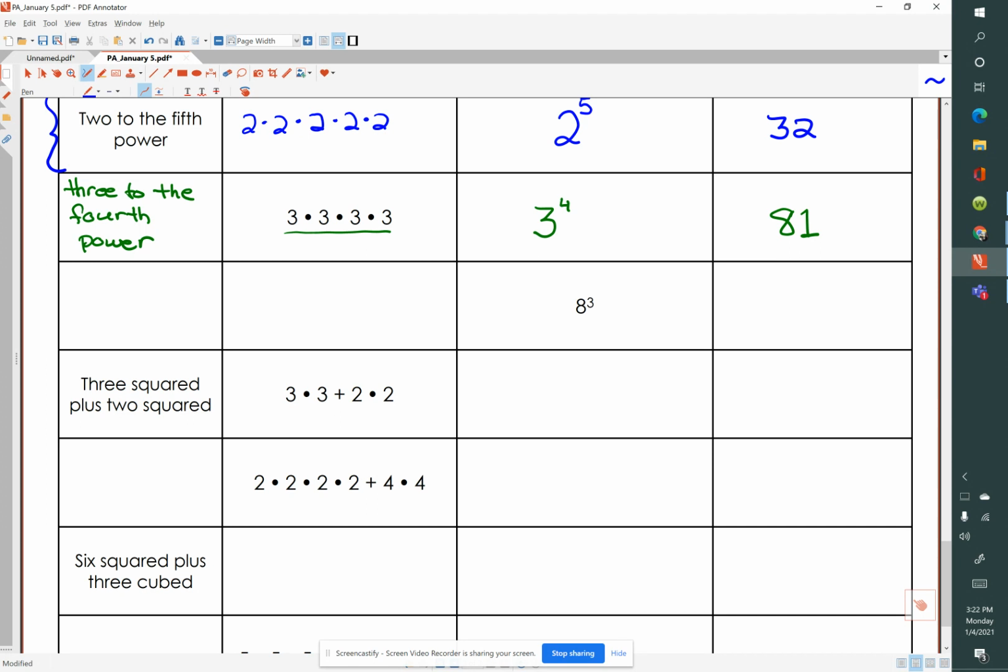Let's move on to the next one. We have 8 to the 3rd power. So we can call that 8 cubed. Let's not use numbers, let's use words like they asked. 8 cubed, we can also call that 8 to the 3rd power.